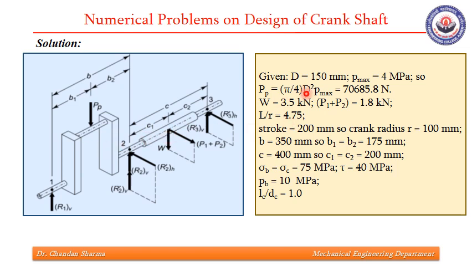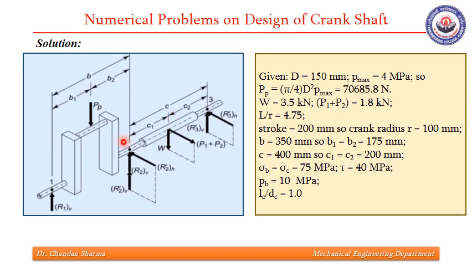So we have been given cylinder diameter as 150 mm, maximum pressure as 4 megapascal. So PP, which is force on the connecting rod, is given by pi by 4 D square into P max, that is 70.6 kilonewtons.